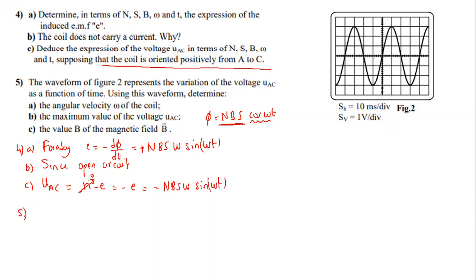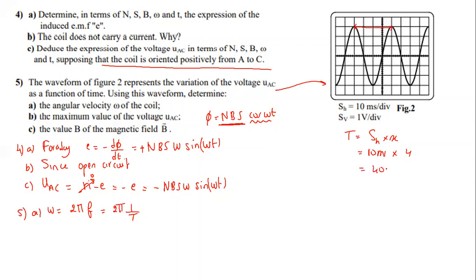Now part 5, the waveform here in figure 2 represents UAC as a function of time. Using the waveform, determine the angular velocity. We know that omega equal 2 pi times the frequency, but the frequency is 1 over T. How do we find T? We find it here on the graph: T equal sh times x, which equal 10 millisecond times 4 divisions.